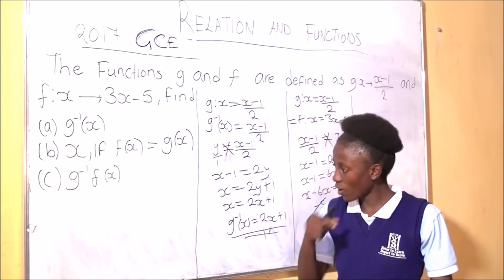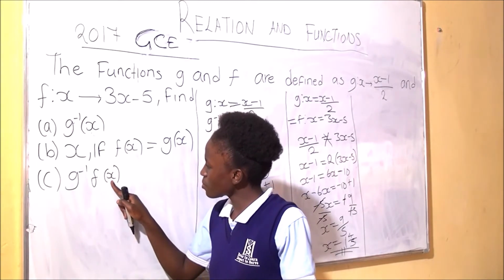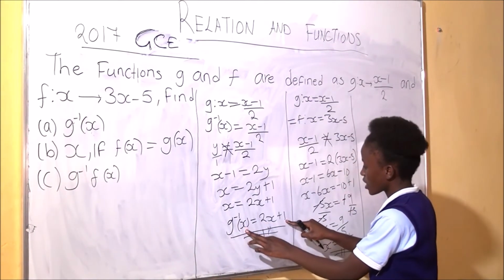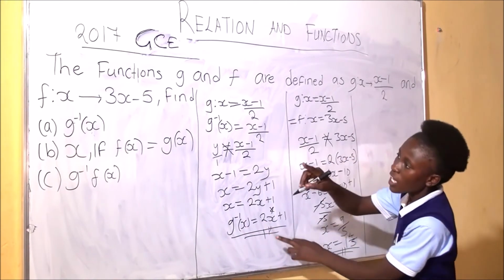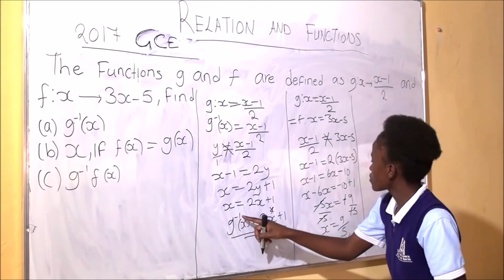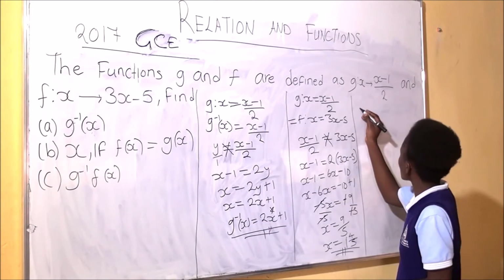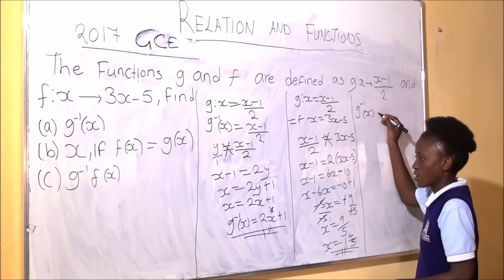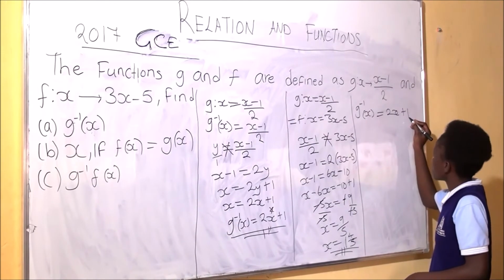So now, our last question is saying find g inverse of f of x. This simply means that our g inverse of x, the one we found here, we have to replace this x by substituting f of x in g inverse of x. It's going to be like this. So we get our g inverse of x equal to 2x plus 1.